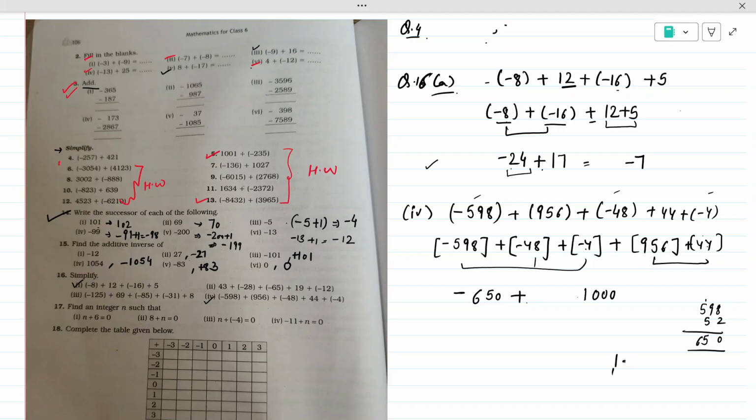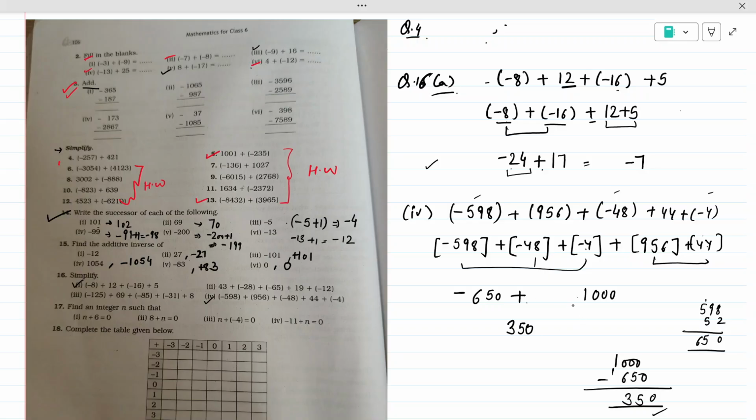Okay. So from this 1000, we are subtracting 650. And when we do this, this is 0. 10 minus 5 is 5. 9 minus 6 is 3. We will get 350. Okay. So our answer is 350 here.